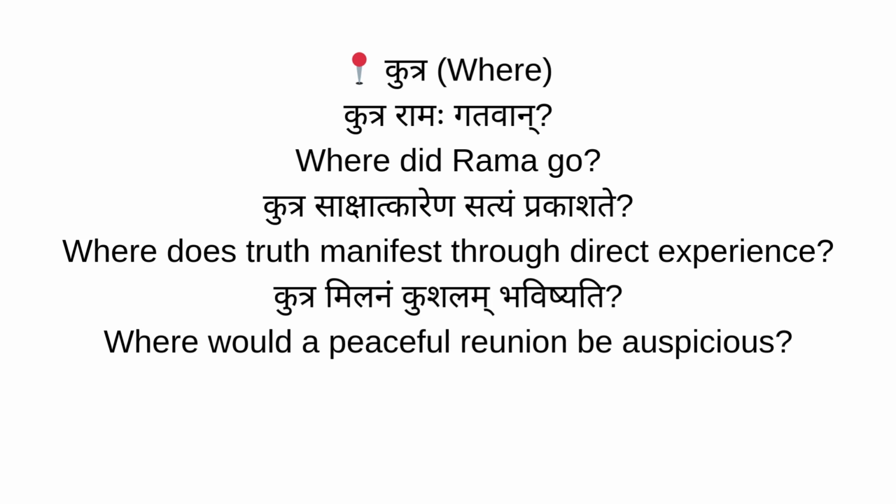Where does truth manifest? Through direct experience. Kutra Milanam Kushalam Bhavishyati. Where would a peaceful reunion be auspicious? So, in these sentences, in the form of questions, where is used in English, and we have to use Kutra to get the meaning of where in Sanskrit.